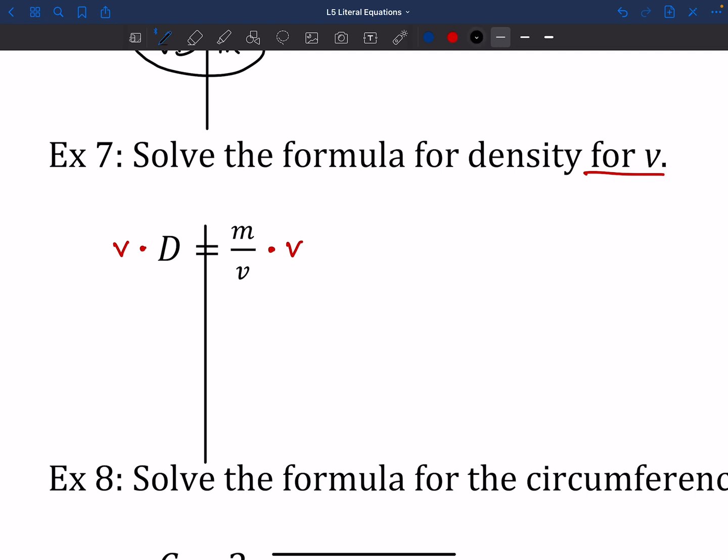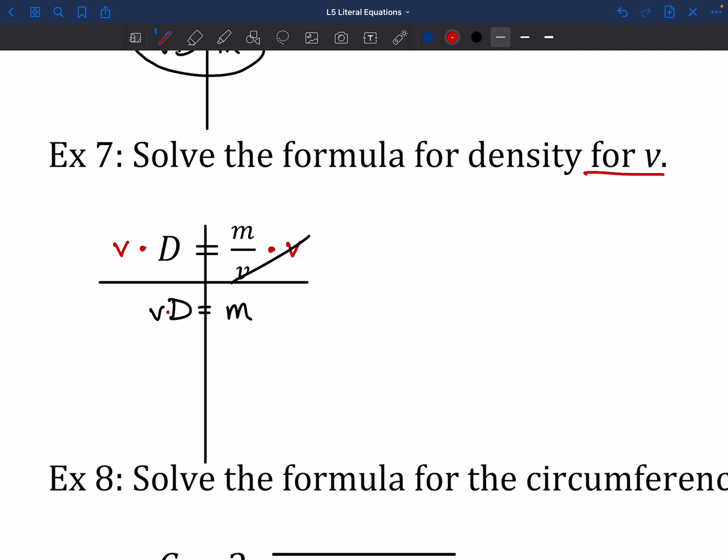I'm going to multiply by v to move it around. When I do that, the v's cancel out from the fraction. We have vd over here equals m. After that, I want the v by itself. So that means that we need to get rid of this part where it's multiplied by d.